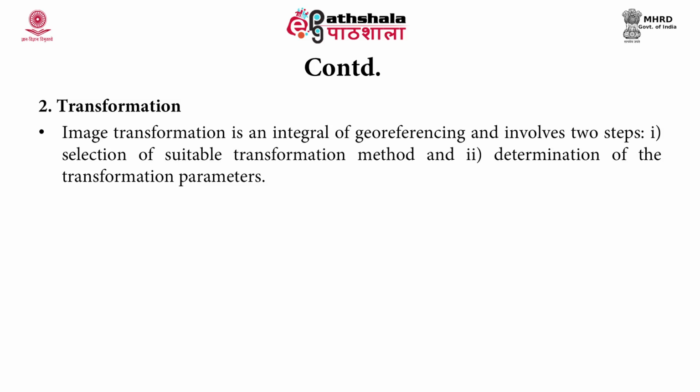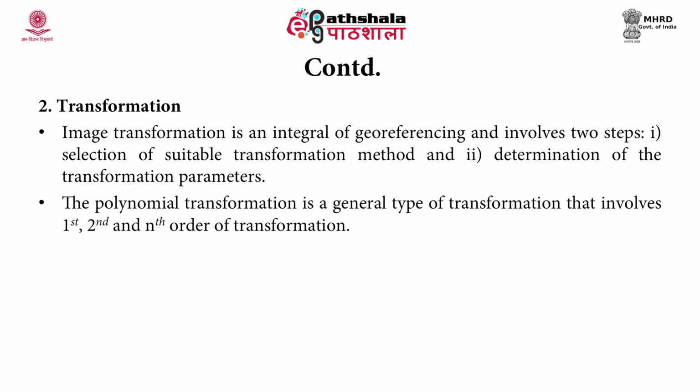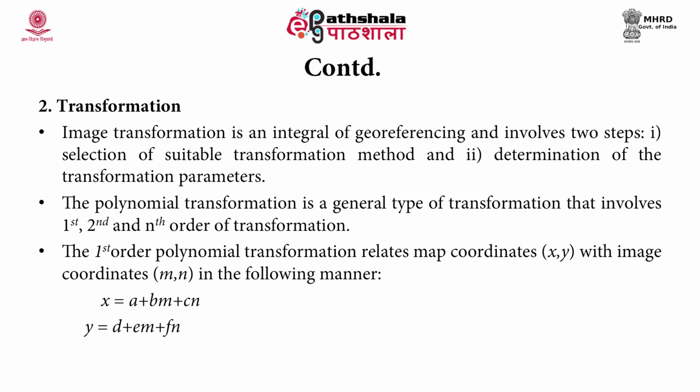It is an integral part of georeferencing and involves 2 steps: selection of a suitable transformation method and, secondly, determination of the transformation parameters. The polynomial transformation is a general type of transformation that involves first, second and nth order transformations. The first order polynomial transformation relates map coordinates with image coordinates in the following manner.